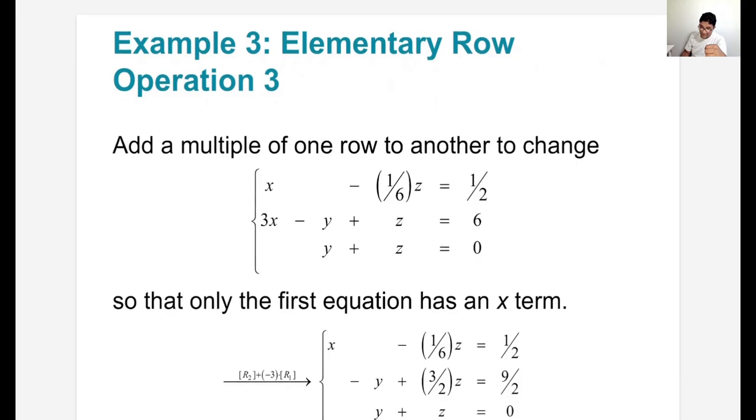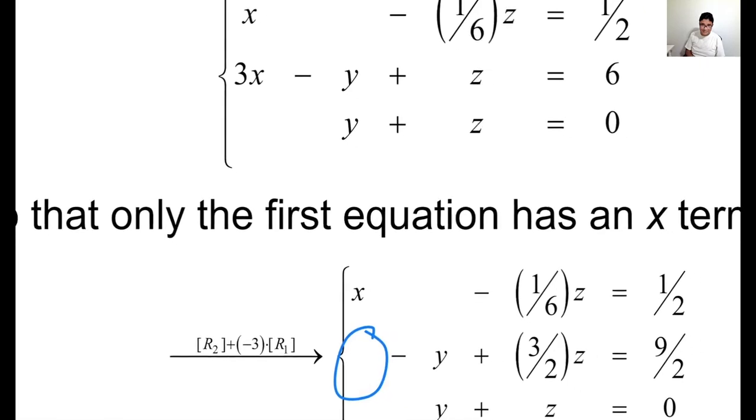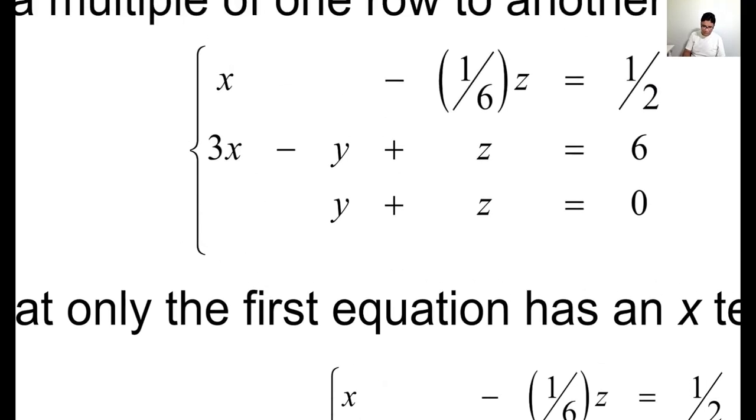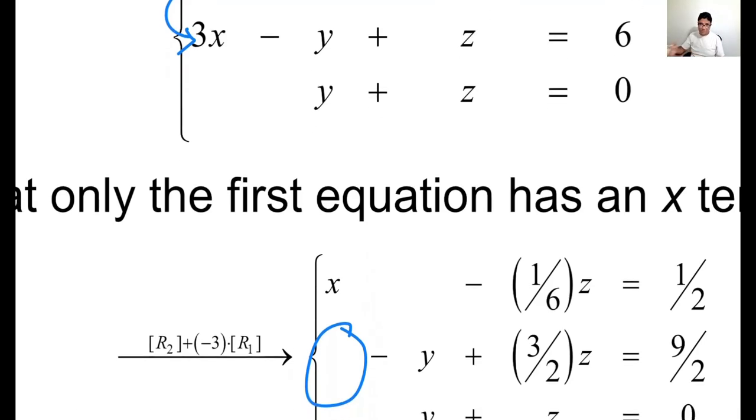So here is an example, and what I was saying earlier, the x is now missing. After that operation, you can see that x is missing from the second row. That is because you subtracted 3 times the first row from the second row. Usually that is what we try to do. We try to eliminate variables one by one.